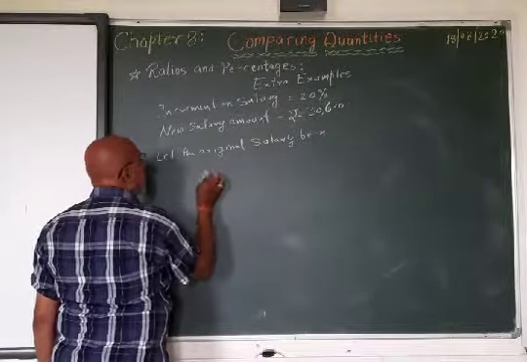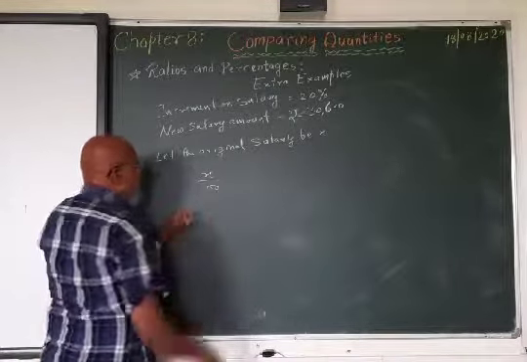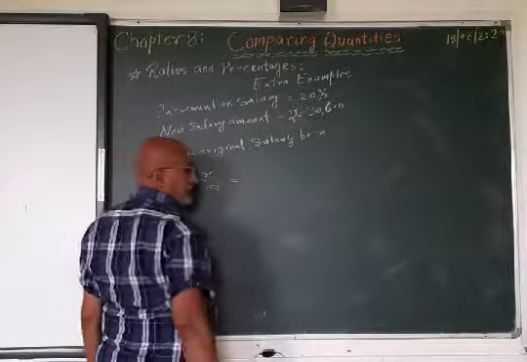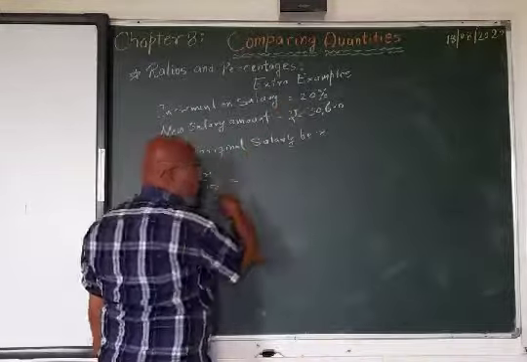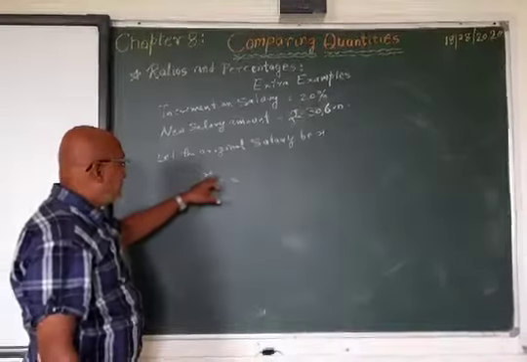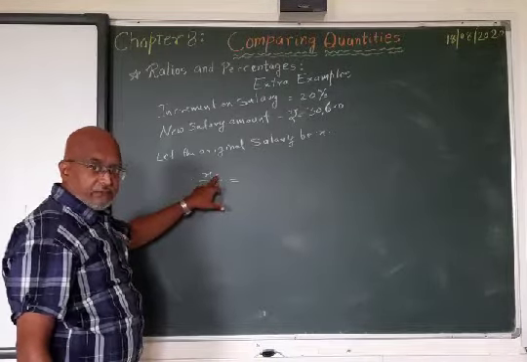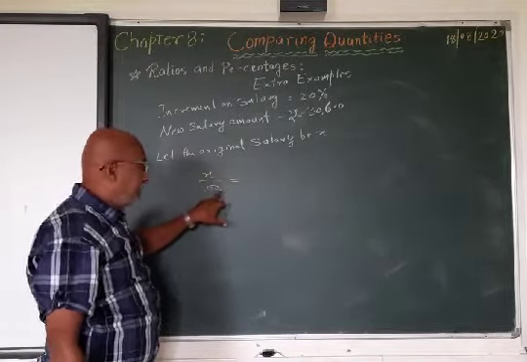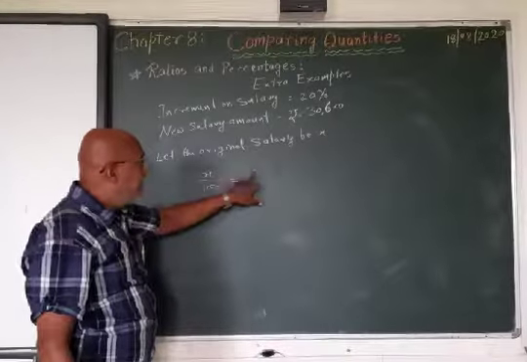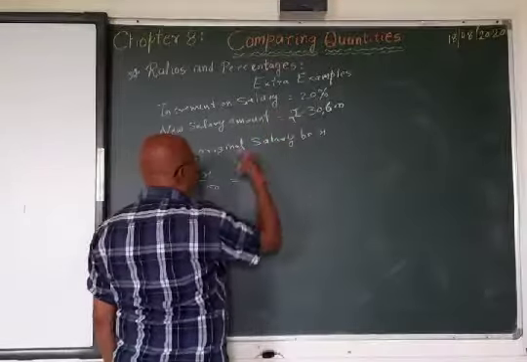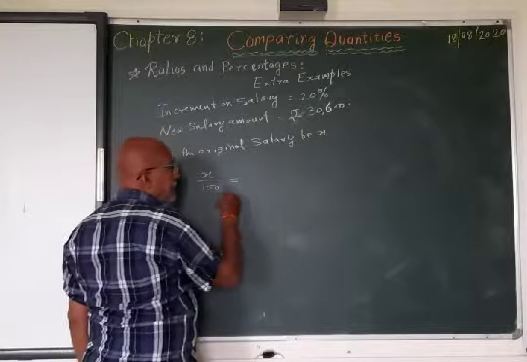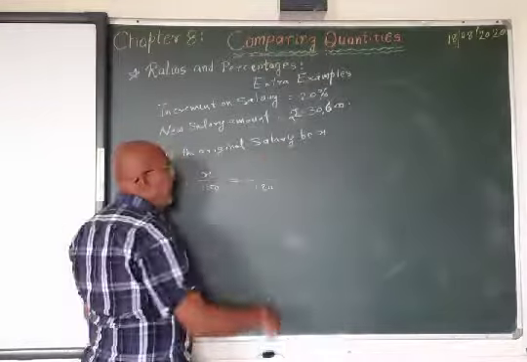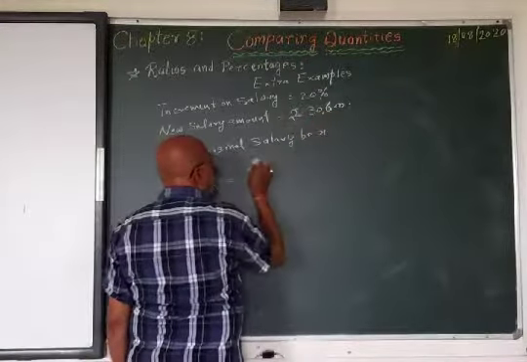Therefore, X upon 100, because the original salary is 100%, equal to the ratio of the two, that is the percentage increase is 20. So earlier it was 100%, so it will be 120%. 100 plus 20 is 120, and the amount becomes how much?